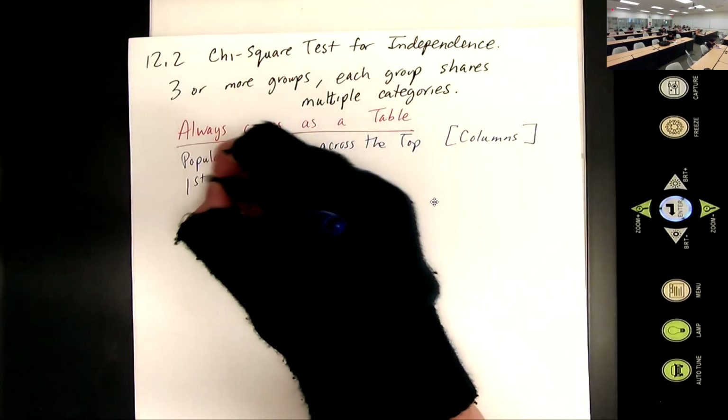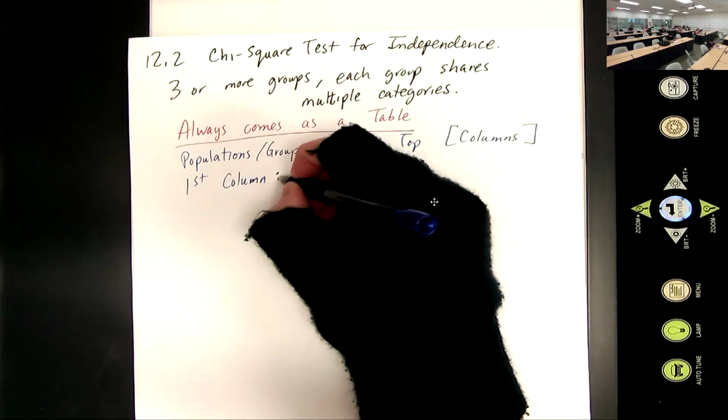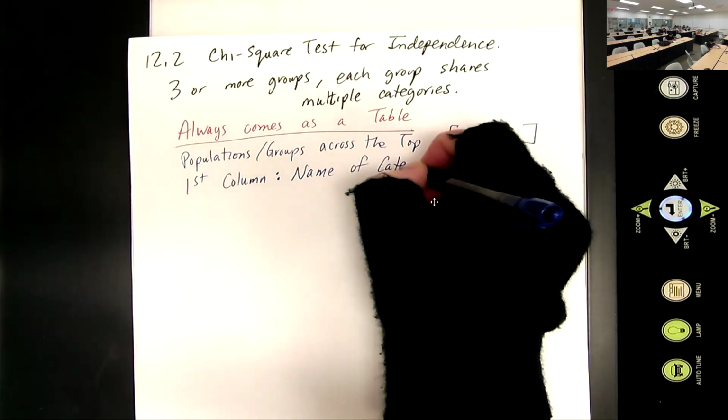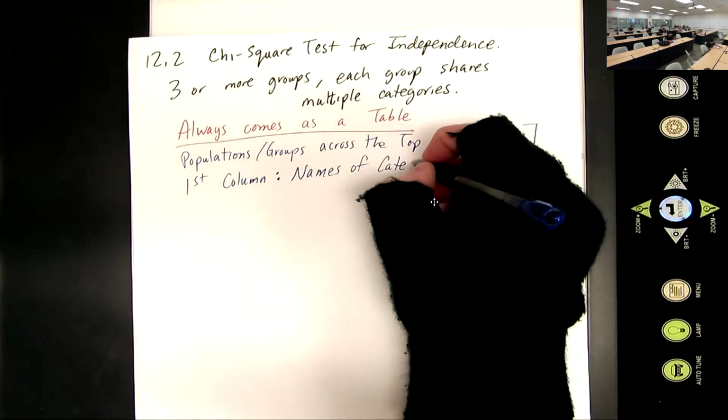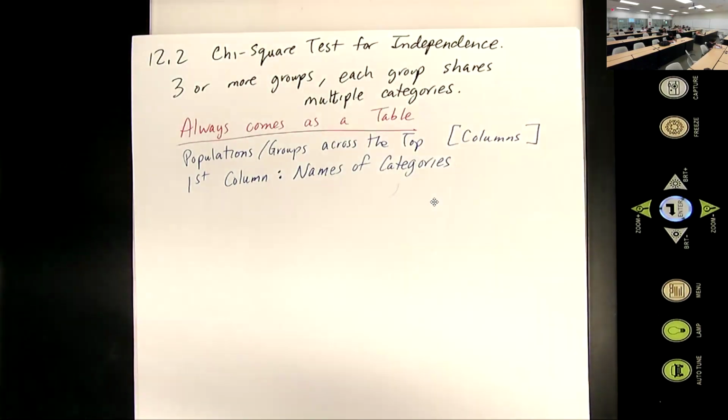The first column needs to have the names of the categories. So you actually need a column that says what each row is. You notice on the goodness of fit, I wrote in the colors on the screen when we did M&Ms, but I never actually used that in StatCrunch.